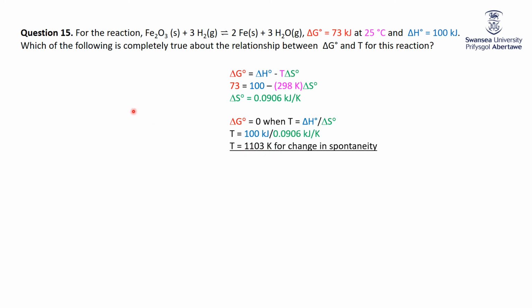So the reaction will be spontaneous above 1103 with a negative delta G. Pretty much what I said. At 25, delta G is greater than 0. So if T is less than 1103, delta G is greater than 0. If T is greater than 1103 Kelvin, delta G is less than 0.